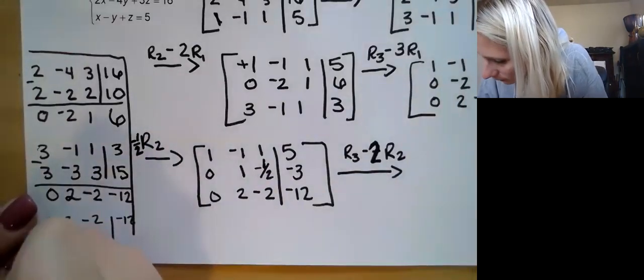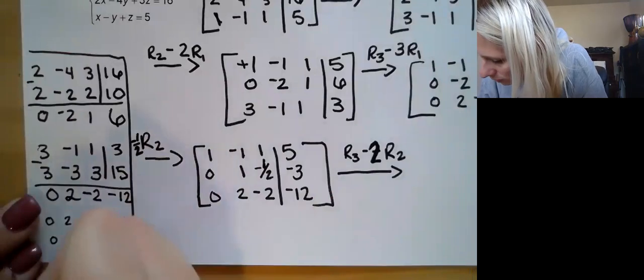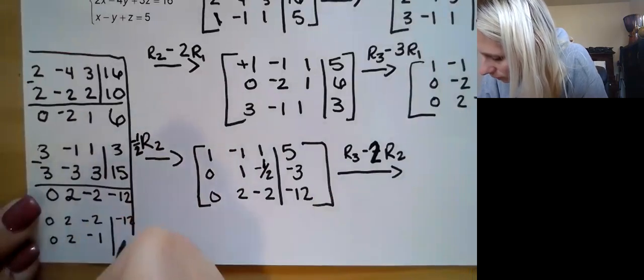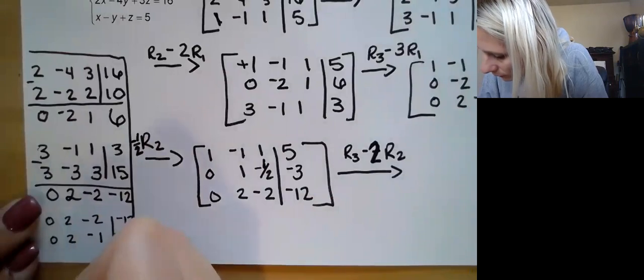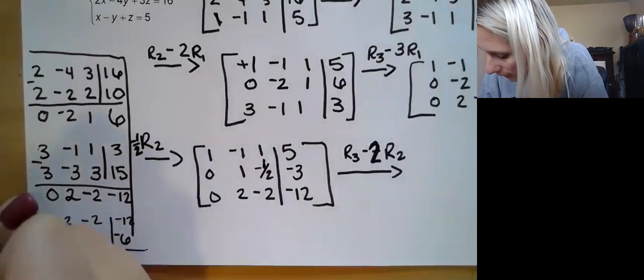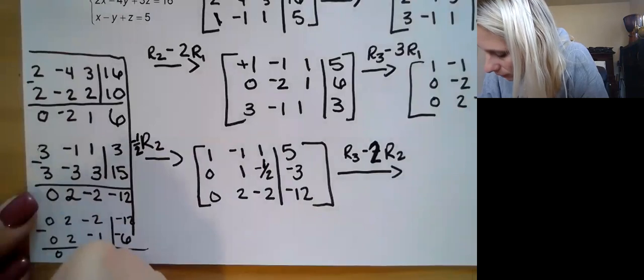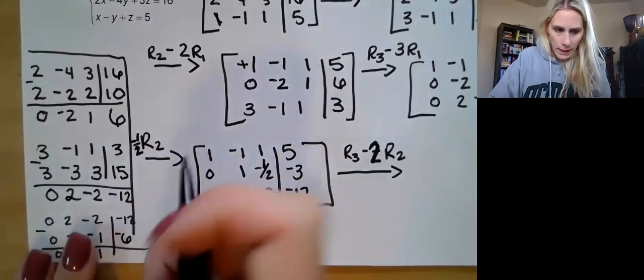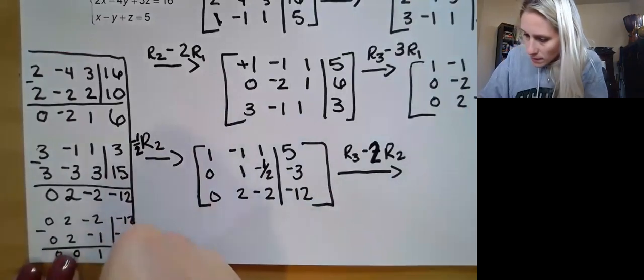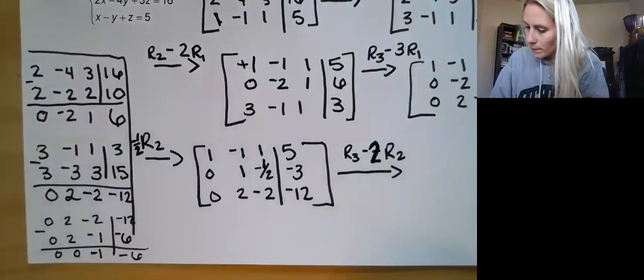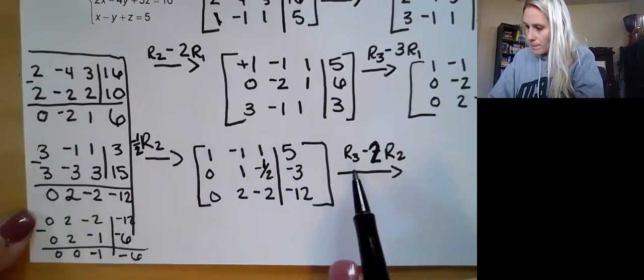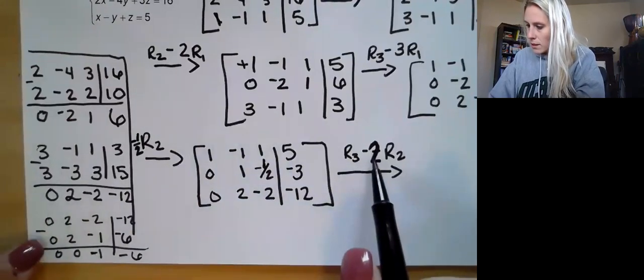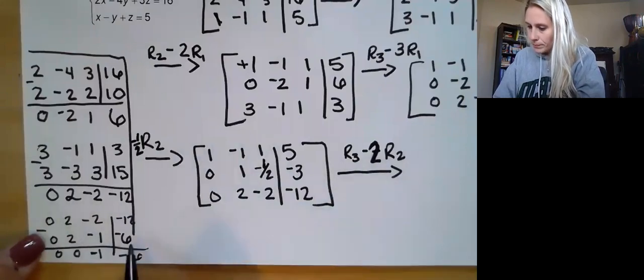So I get 0, 2, -1, and -6. And I'm going to subtract straight down: 0, 0, 1. Subtract straight down, I get -6. Oh, and this should be -1, right? Sorry, you guys see my math? So took row 3, subtracted 2 of row 2.